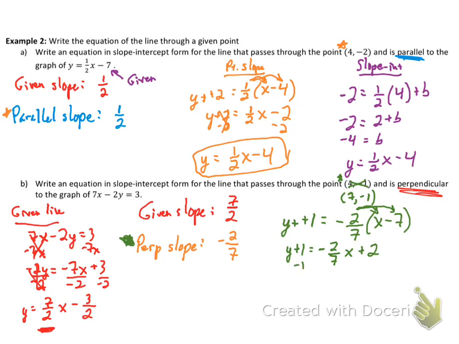Then to finish this out, I'll subtract 1 from both sides. I get y = -2/7 x + 1.